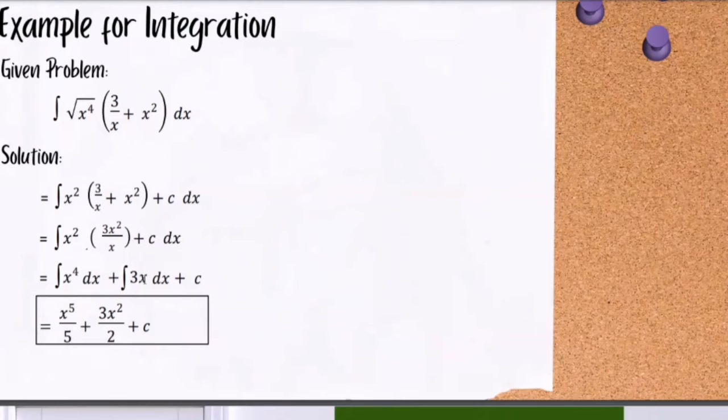Why? Because x actually has a power of 1, and then we add 1, and that would equal 2 over 2, and then plus c. So here we have the final answer, the antiderivative of this given problem.